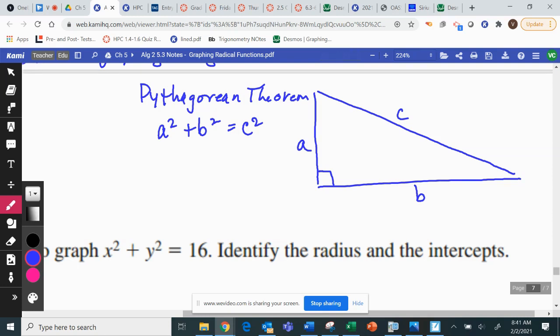Does anybody remember any of those triples? Come on, Sophie. No. Okay. One of them does have 8. It's like 8, 15, and 17. That's a triple. That's not the most remembered one.